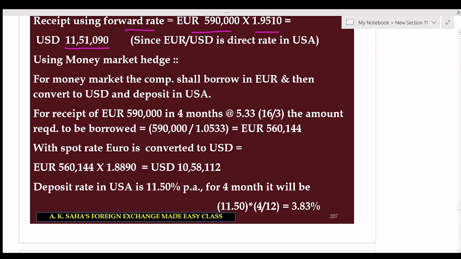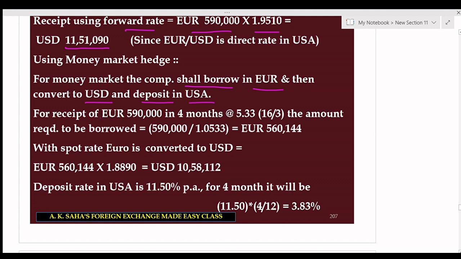Now comes the money market hedge. Here it is the exporter. The exporter will take a loan in the importer's country bank, and that loan is deposited in his own country. For the money market, the company shall borrow euro, then convert to USD and deposit in the USA.